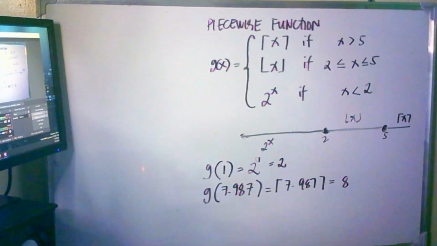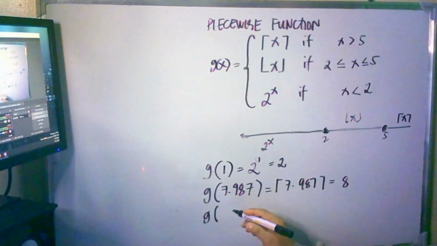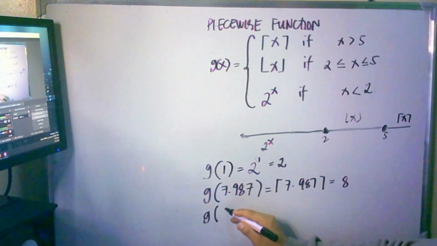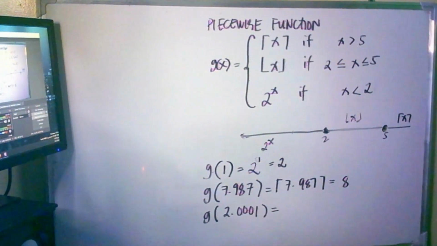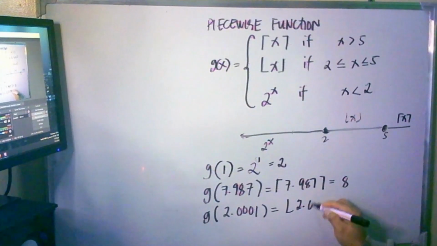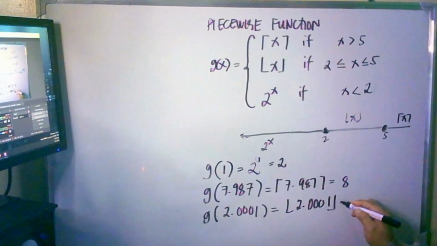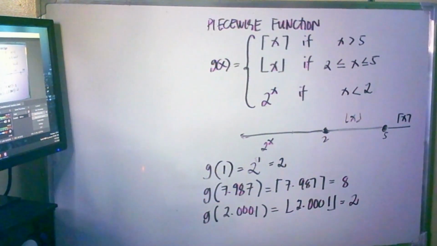G of 2.0001. Second piece. What is the answer? 2. Two, sir. Yeah, ganun lang. Do you need more examples or that's enough?